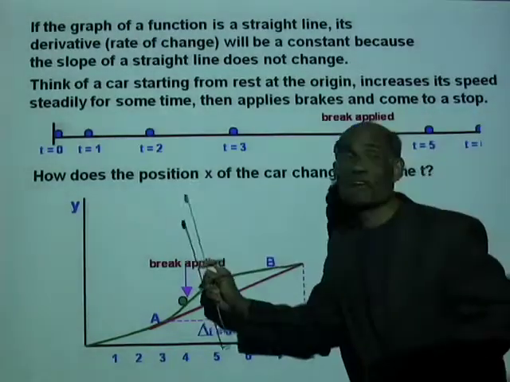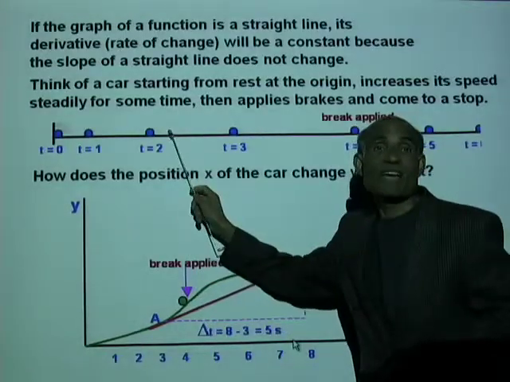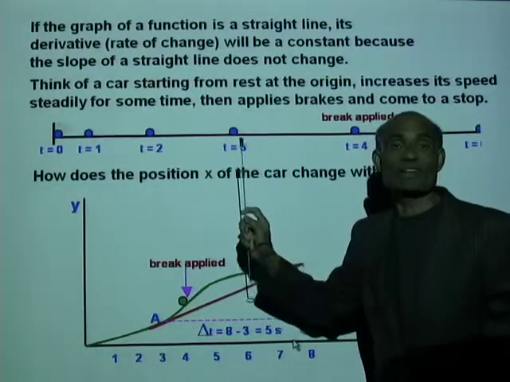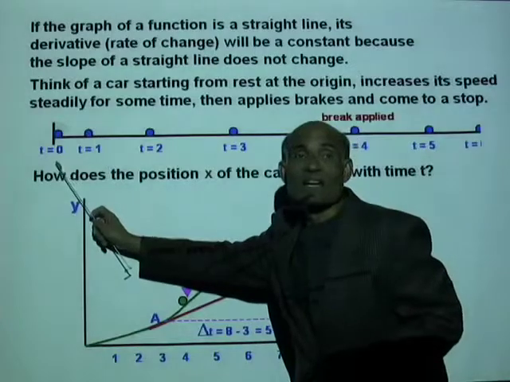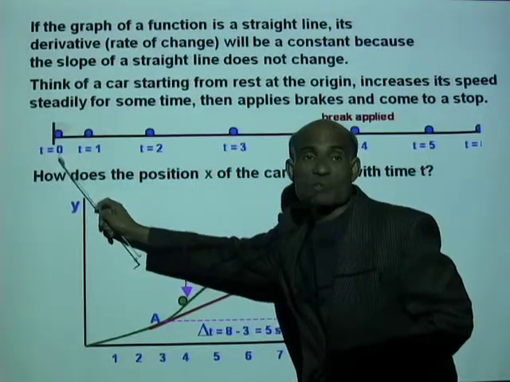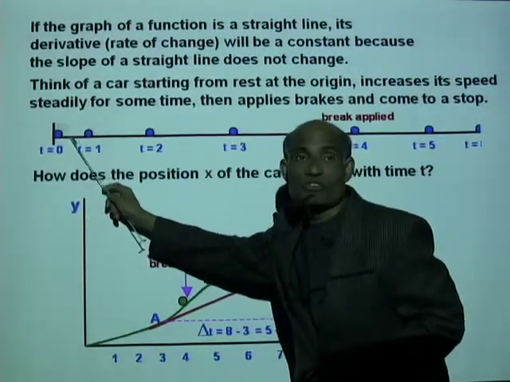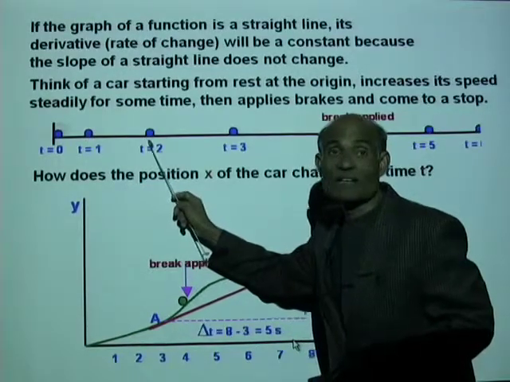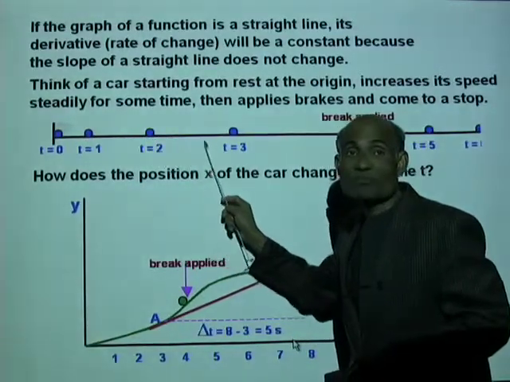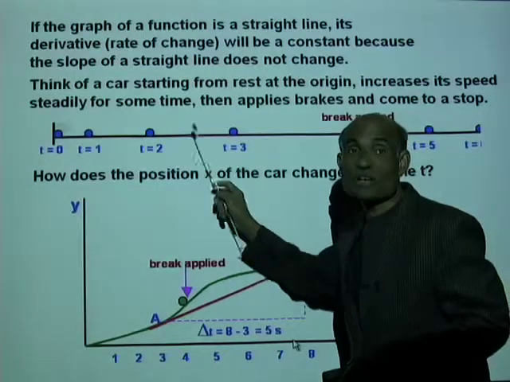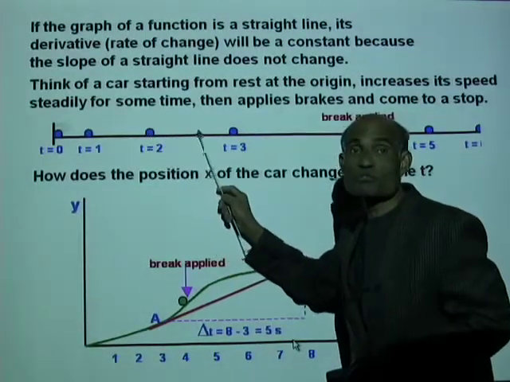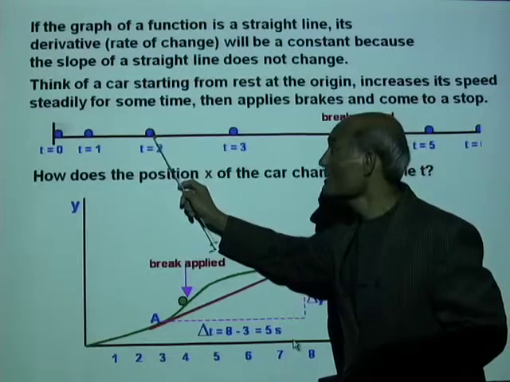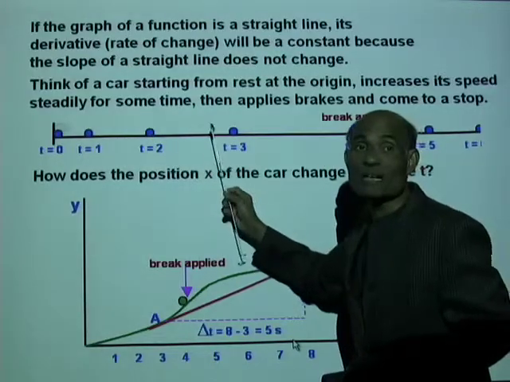Now how does the graph of x against time look like? You can see as the time interval t equal to 1, this is your x value. T equal to 2, x value is greater. At the end of t equal to 3 seconds, you can see from t equal to 2 to t equal to 3, the distance covered is even greater.